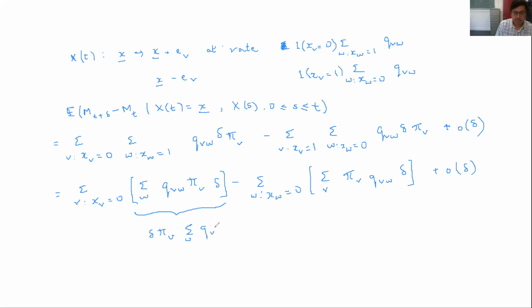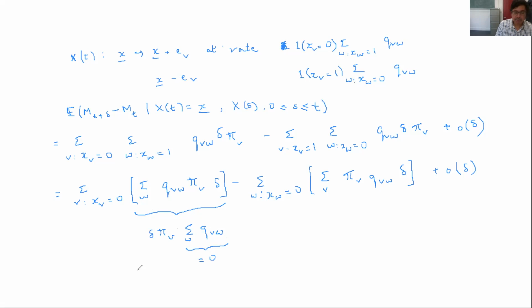Okay. So this is the sum of the vth row of the Q matrix. And this matrix, by definition, has all its row sums equal to 0.